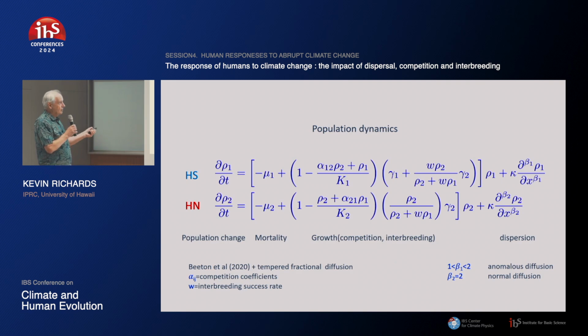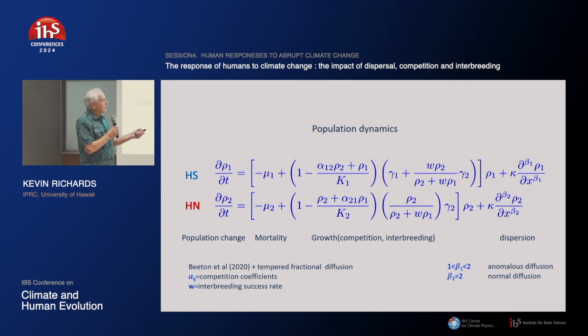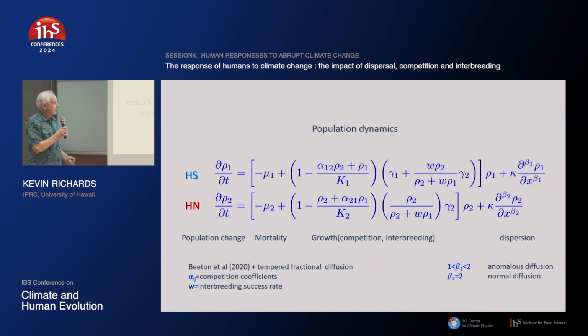And we're going to let the populations diffuse. The two populations are connected and interact through competition, given by the competition coefficients alpha ij. And they also interbreed.